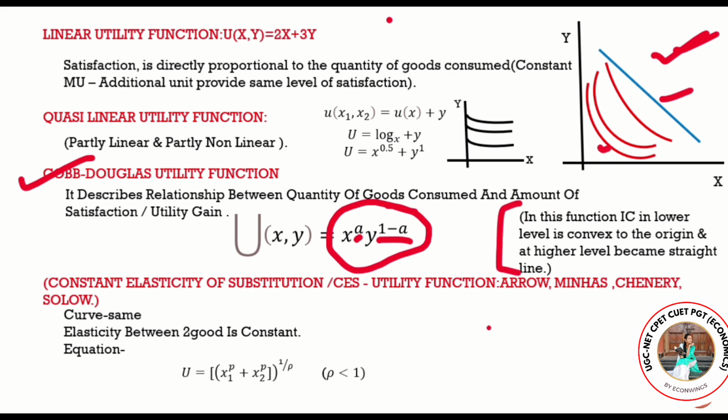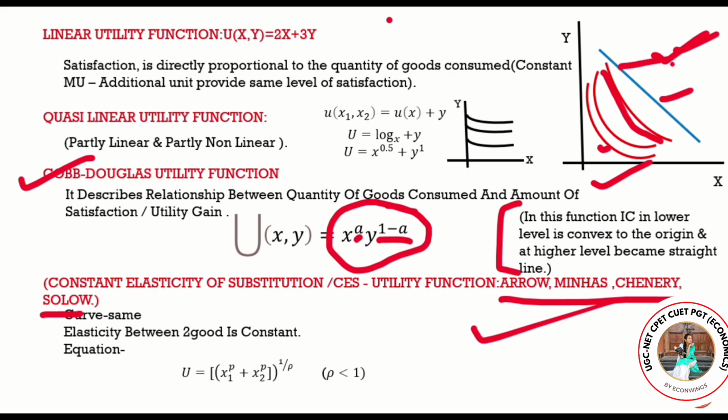Similarly, in case of constant elasticity of substitution or CES utility function, which was given by Arrow, Minhas, Chenery and Solow, that we already studied in production function, the IC curve will be convex to the origin at lower level and a straight line at higher level.